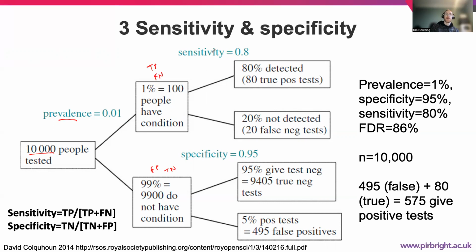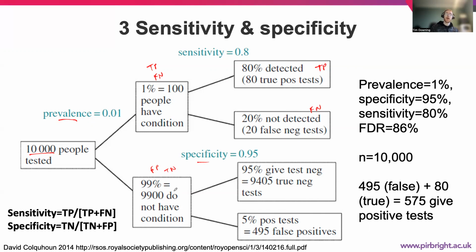So if our sensitivity is 80%, that means we're allocating the 100 people that actually have the condition in this example, or 100 livestock that have the condition, to the true positives and false negatives. So that's where we have a sensitivity of 80%, which means we allocate 80 to the true positives and 20 to the false negatives.